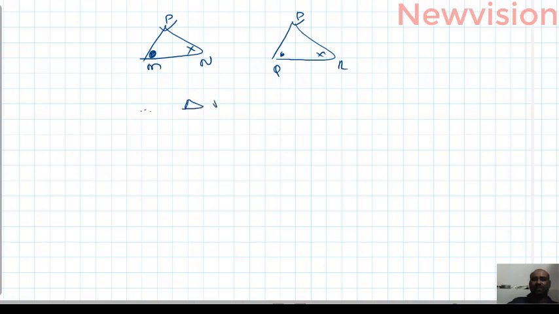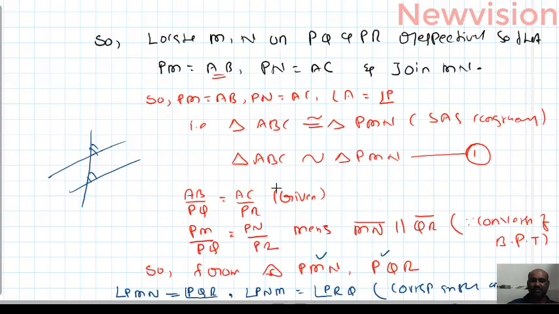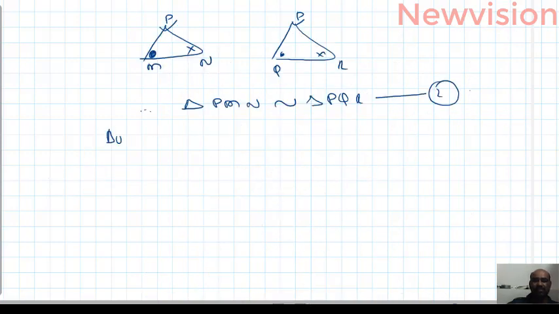Therefore triangle PMN is similar to triangle PQR. This is the second result. See the first one: triangle ABC is similar to triangle PMN.